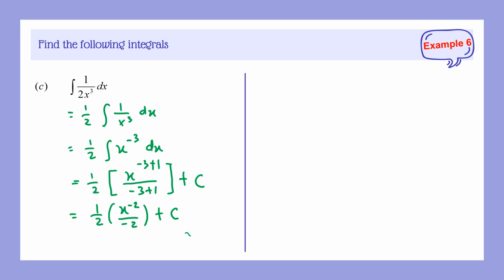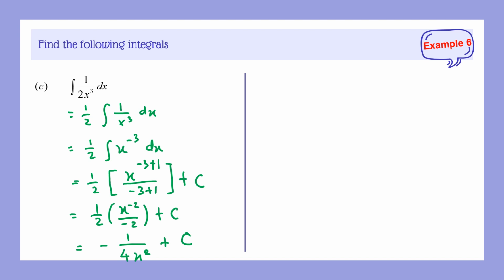Then x to the power of negative 2, we bring to the bottom. So then we get negative 1 over 4 x squared plus c. So this is the answer.